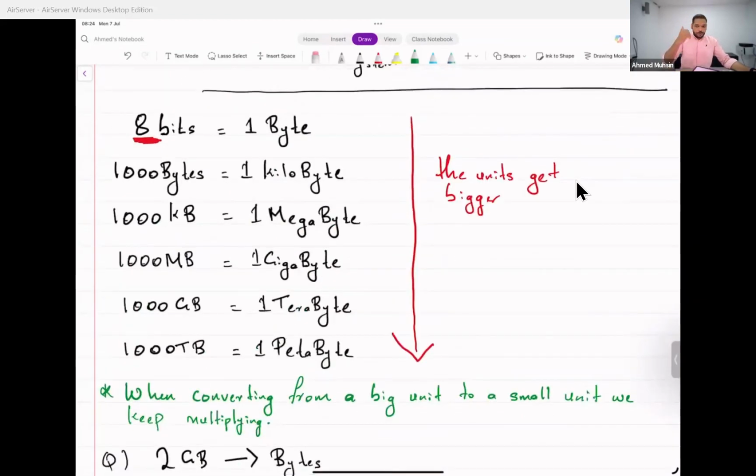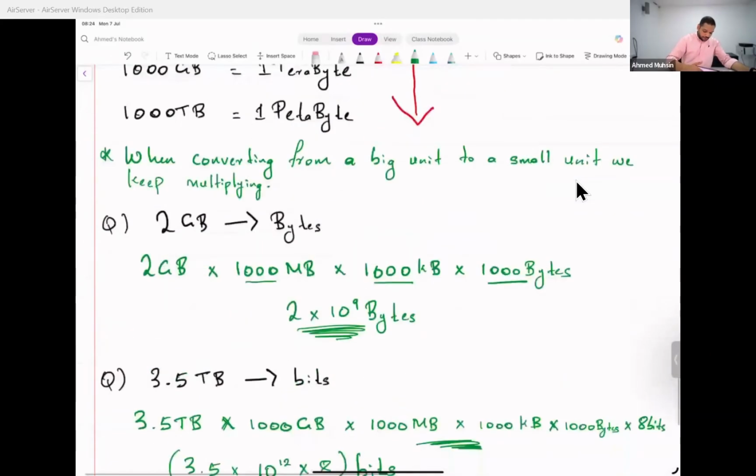When you go from top to bottom, the units keep getting bigger. When you go from bottom to top, units are going to keep getting smaller. Okay, so can you all put down this note here?